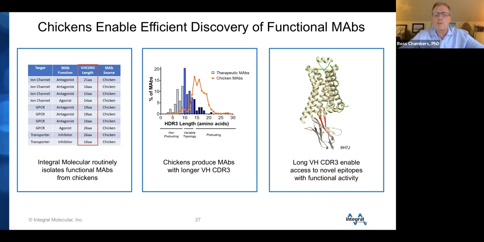This has been well described with llama antibodies, where they also have these longer CDR3s, and some human antibodies have been demonstrated for various HIV antibodies. These longer CDRH3s enable you to access these functional sites. It's been shown many times in crystallography with these longer CDR3s, as shown on the right-hand side.